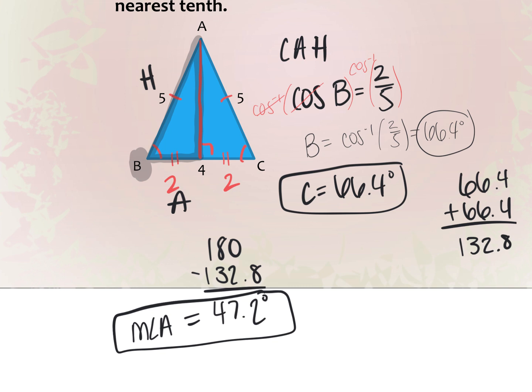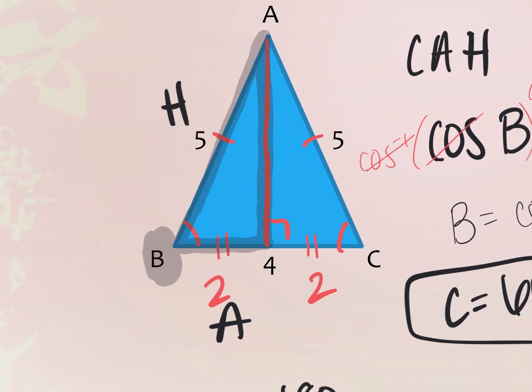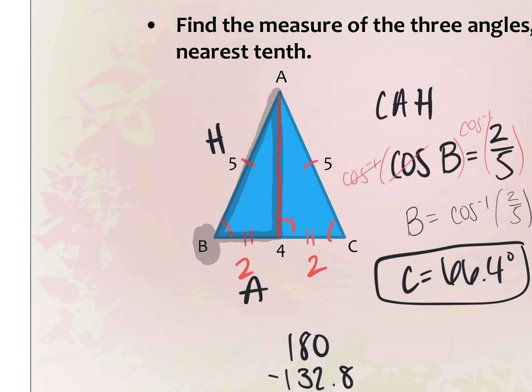Questions? Yeah, Ronnie? How did I know that this one was adjacent? Okay, so Ronnie, in every single right triangle, one of your legs is going to be adjacent to your angle, one of them is going to be opposite, and the other one's going to be your hypotenuse.